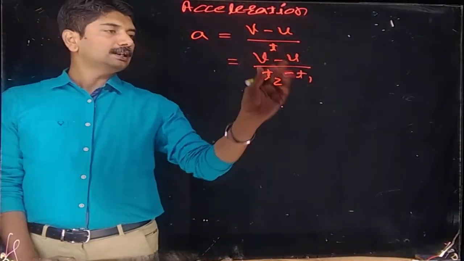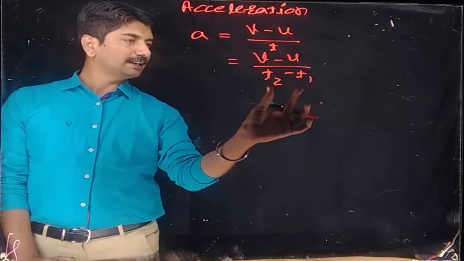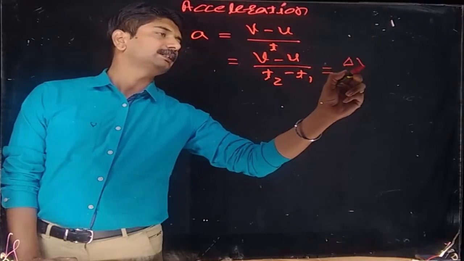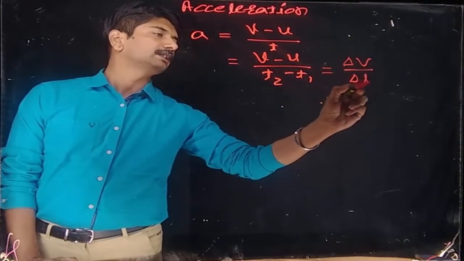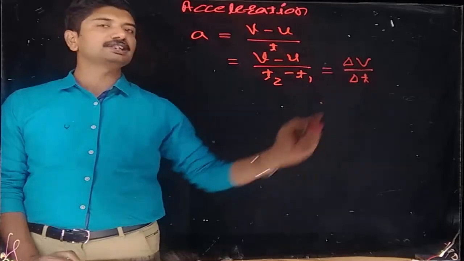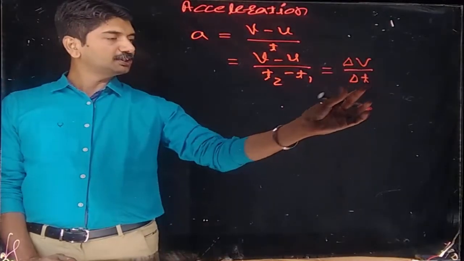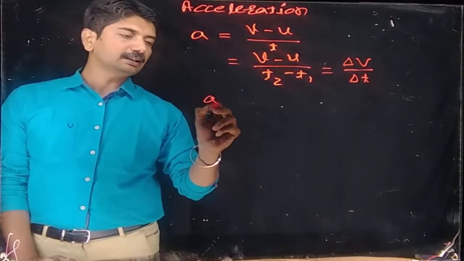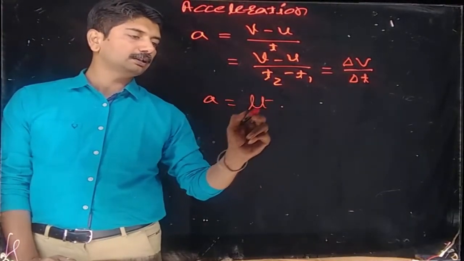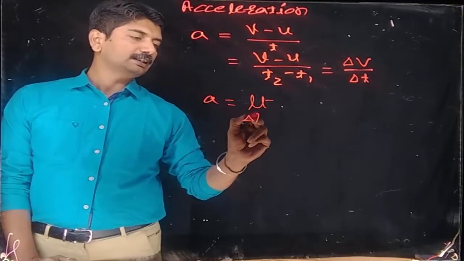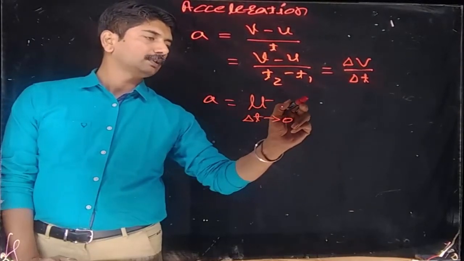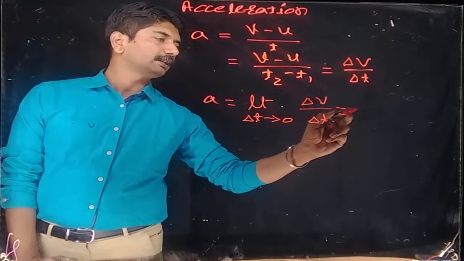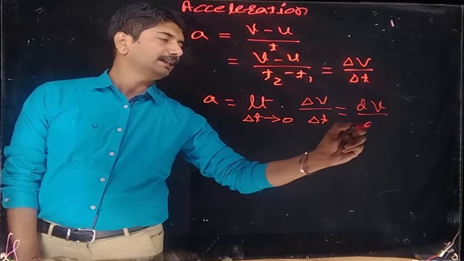Now, if we shrink the gap between them to 0, first of all, this can be written as delta v upon delta t, change in velocity divided by change in time. If we shrink this change in time to near 0, then it can be written as a is equal to the limit as delta t tends to 0 of delta v upon delta t, which is dv by dt.